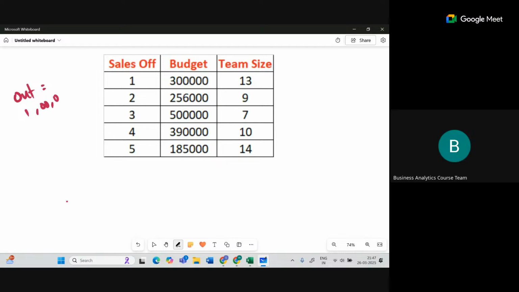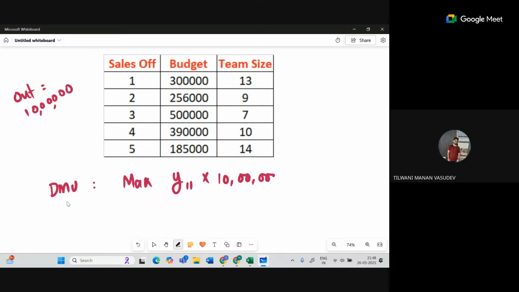Okay, how many? 10 lakh. Yes, this is the output. So now if I have to formulate this for DMU1, what would be the objective function? Maximize your numerator, which is nothing but the output, which is y11 into 10 lakh.